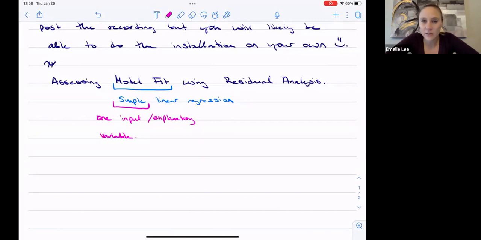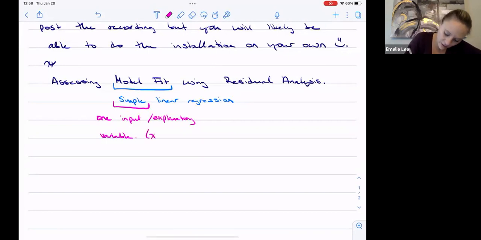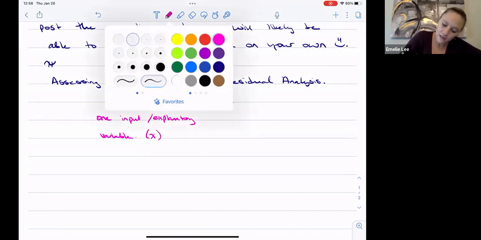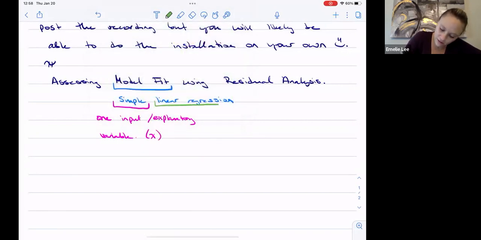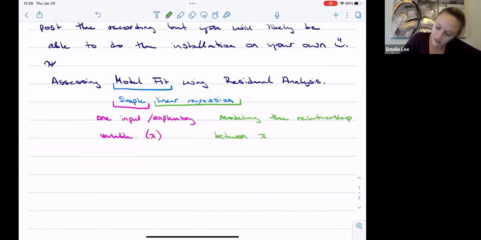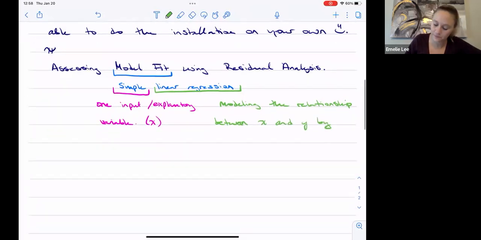And then the linear regression means that we're modeling the relationship between X and Y, right? So here, this is just one X. And the linear regression portion means that we are modeling the relationship between X and Y by a straight line.